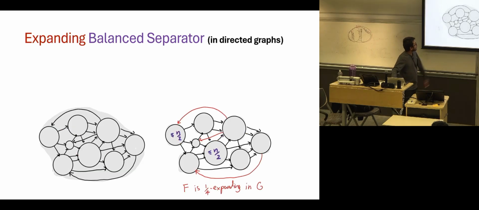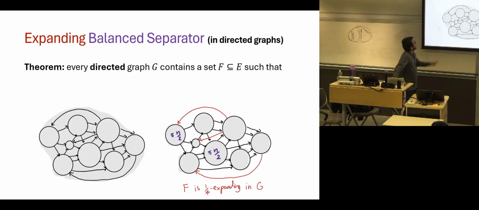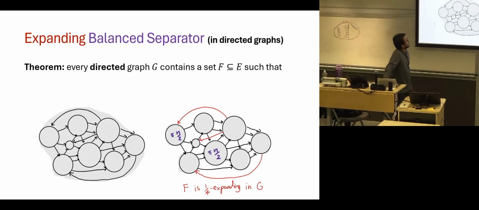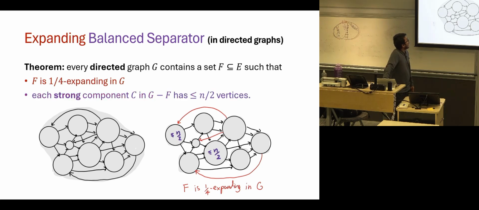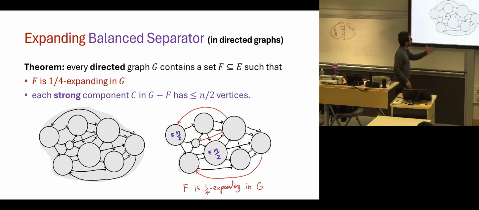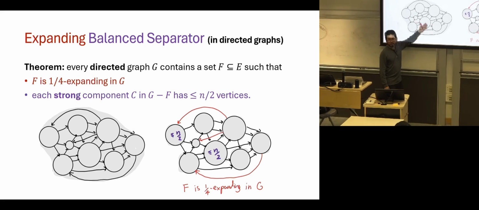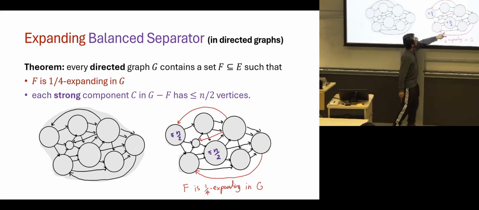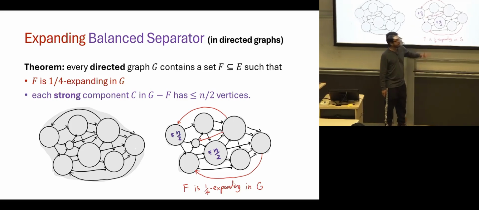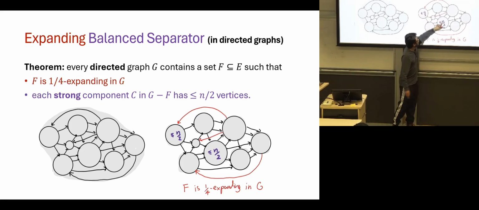You have some graph. For every directed graph, there is going to be a set F such that F is expanding. And when you remove F, each strong component has size at most half. For example, this is the graph G. Then the set F can look like these red edges. Once you remove it, you get a DAG of components.